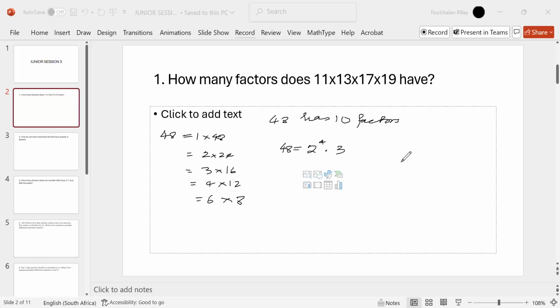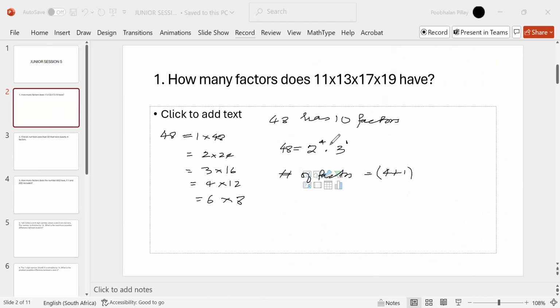The number of factors equals, you look at the exponents only. The exponent of 2 is 4, and you increase each exponent by 1.